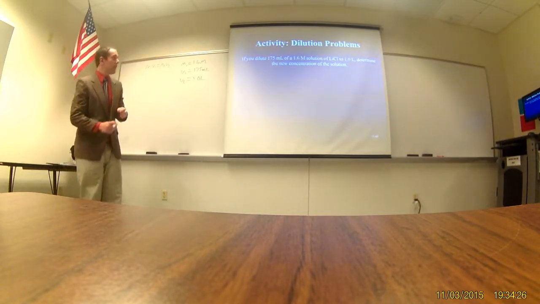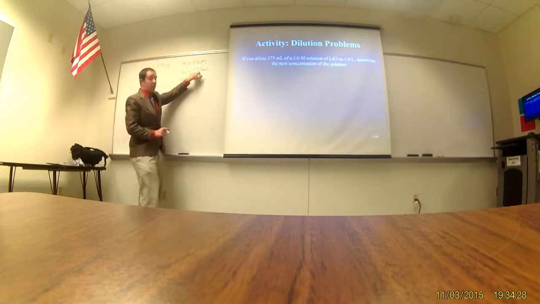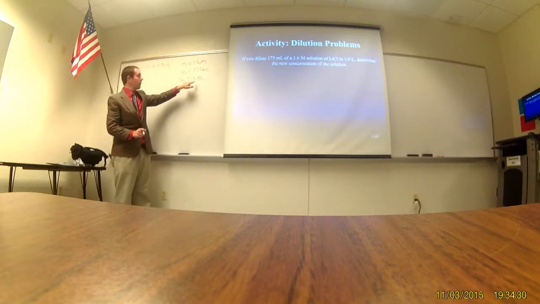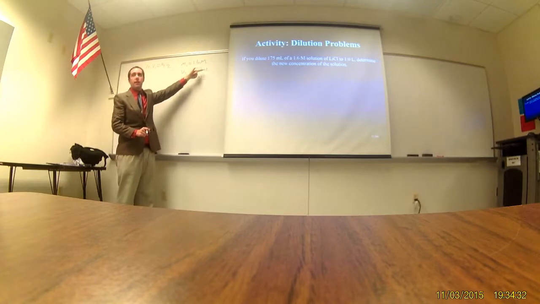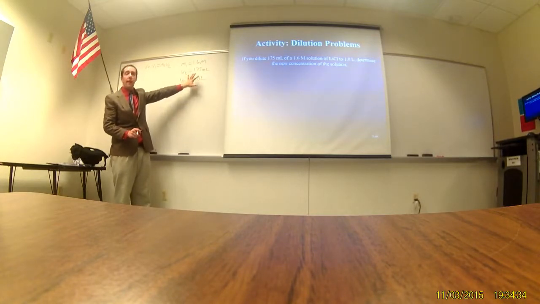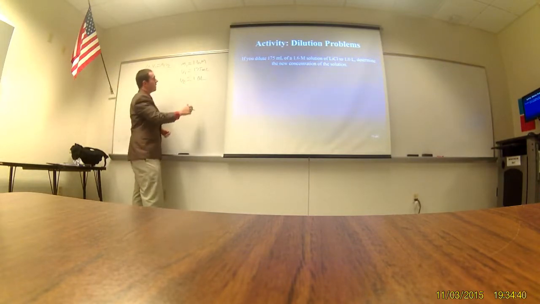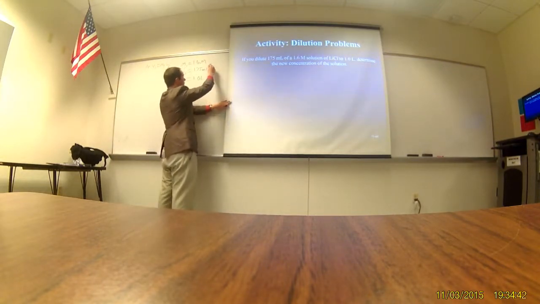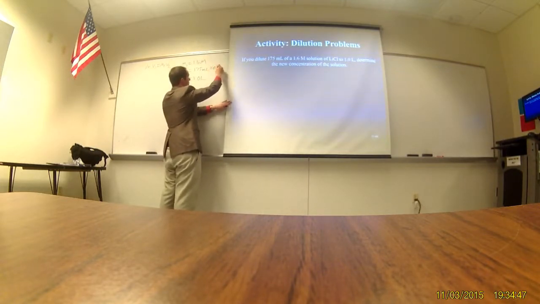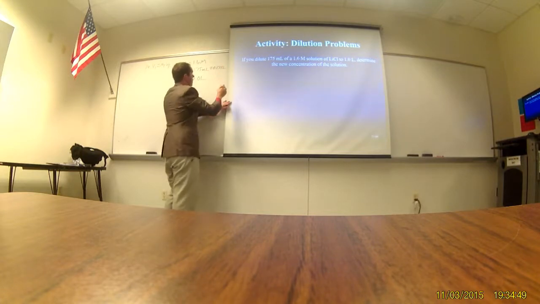We either have to convert 175 milliliters to liters, or we have to convert 1.0 liters to milliliters. It doesn't matter which one we end up with, as long as they're the same. So let's convert 175 milliliters to liters. What is that? 0.175 liters.